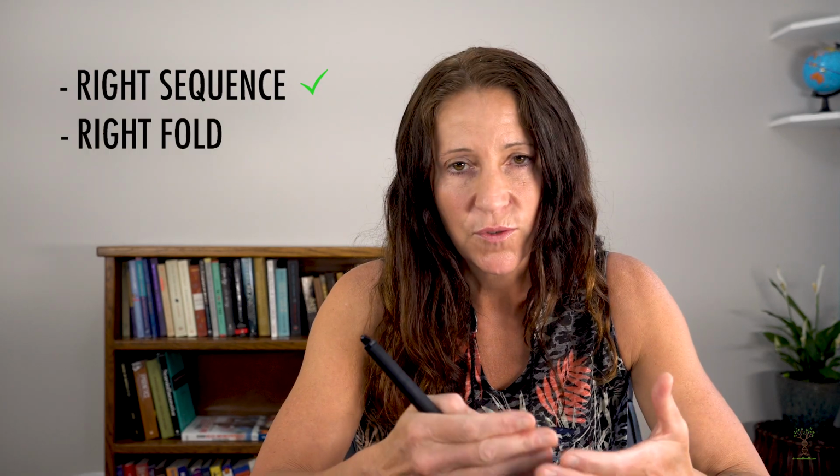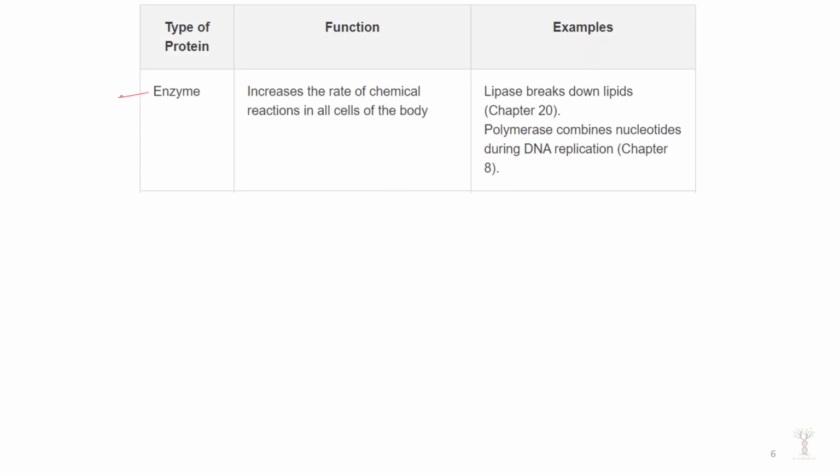When we look at how proteins function, we need the right amino acid sequence, it needs to fold the right way, and then we have a huge variety of protein functions. So we're going to look at some of the categories of functions of proteins. One of the main categories would be called enzymes. Enzymes increase the rate of chemical reactions.